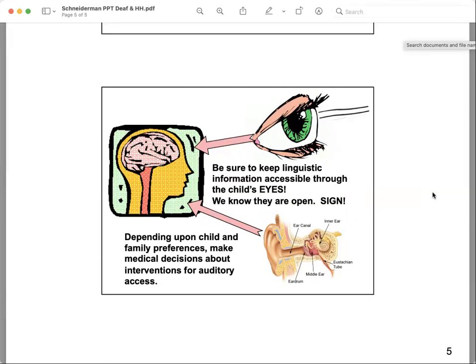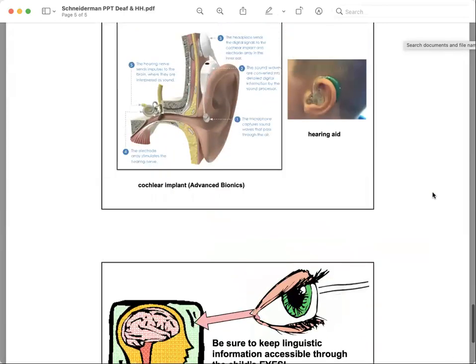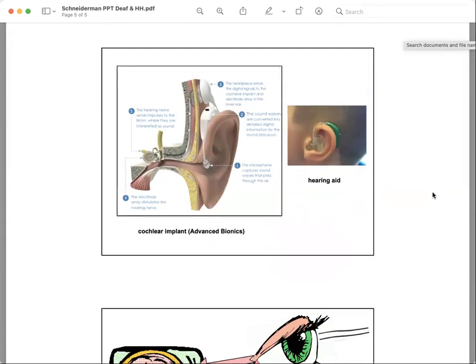A cochlear implant, as in this particular slide, bypasses the damaged hair cells and stimulates the auditory nerve directly. It's surgically placed in the skin behind the ear, and there are electrodes that send signals directly to the brain via the auditory nerve.